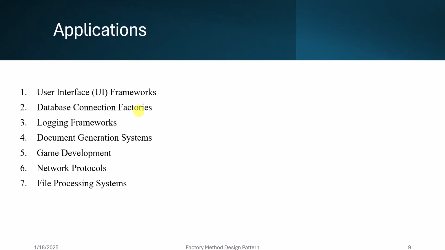For example, a factory method might be used to instantiate a connection object, but the connection implementation would vary depending on whether the database is running on cloud, a local server, or some other environment. So this is one example. Likewise, these are some of the applications of the factory method design pattern.